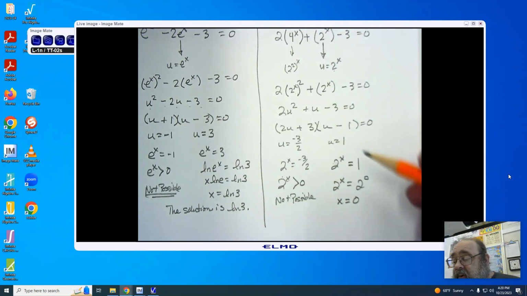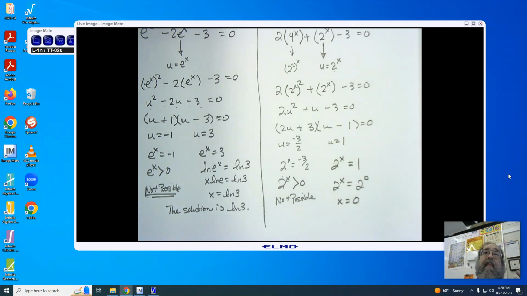This is where I can use my exponents and solve getting the same exponential base on both sides, where I can then drop the base. The solution is then 0. I'll just write that down as a 0.